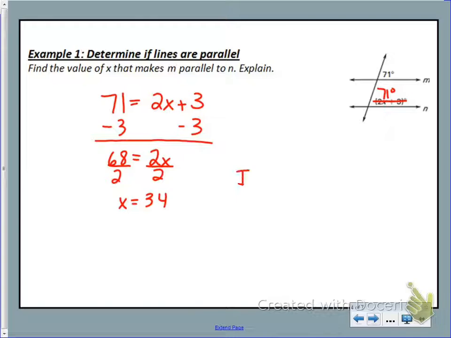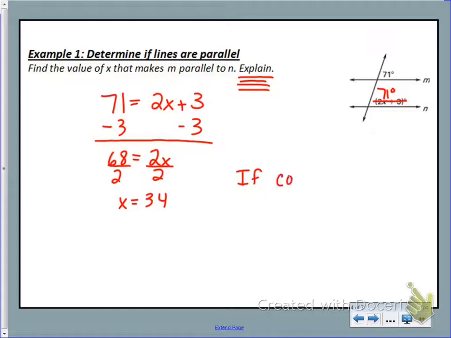So now when we write our if-then statement to explain our work, we're going to say if, and then we need to think, well, did we know the lines were parallel, or is that what we're proving? Well, we are proving that. So the if part is not going to be if parallel lines. We don't know that yet. What we're using as our given is the angle relationship.